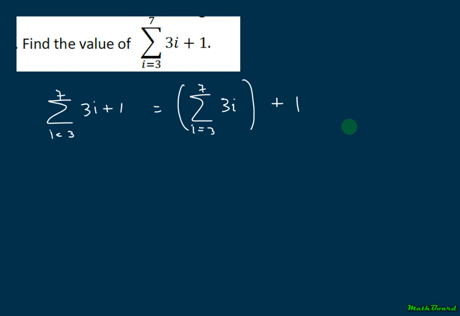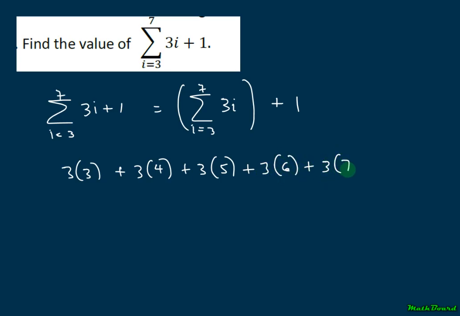So, meaning you need to find the summation of 3i only. So, that becomes 3 times 3 plus 3 times 4 plus 3 times 5 plus 3 times 6 plus 3 times 7. Then you add 1.